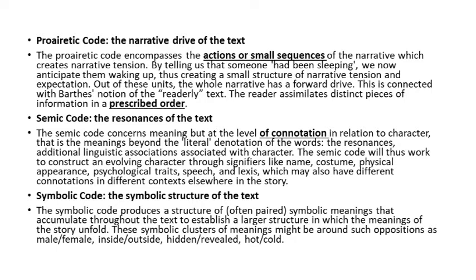The semic code works to construct an evolving character through signifiers like costume, physical appearance, psychological traits, speech, and lexis. From these we get the connotative level of meaning rather than the denotative level. In Kumbalangi Nights, we have both denotative and connotative levels of meaning, but it has more of the connotative level.